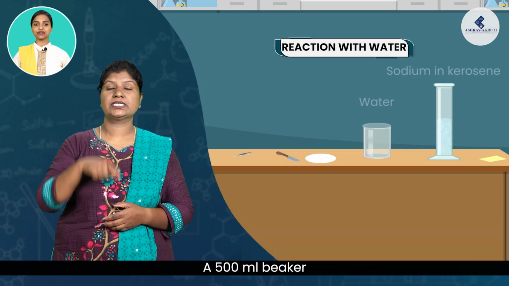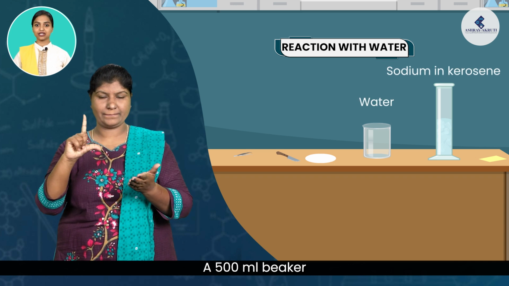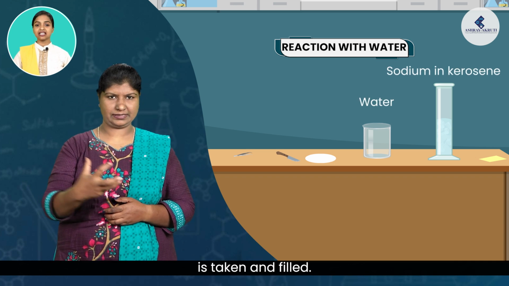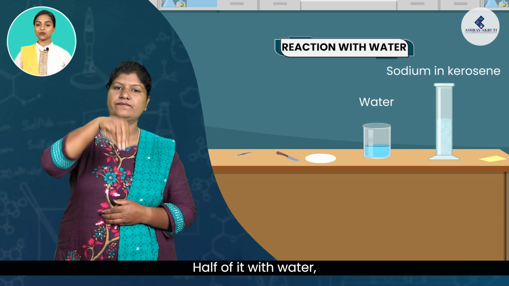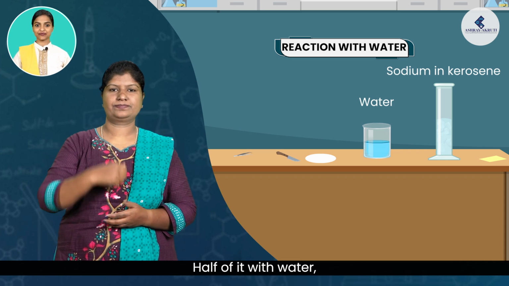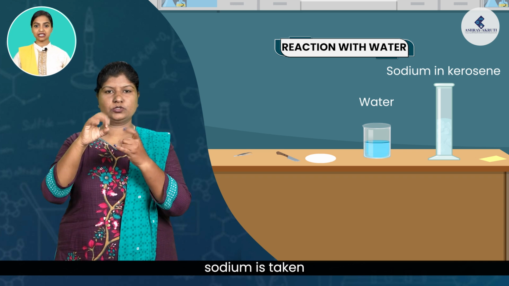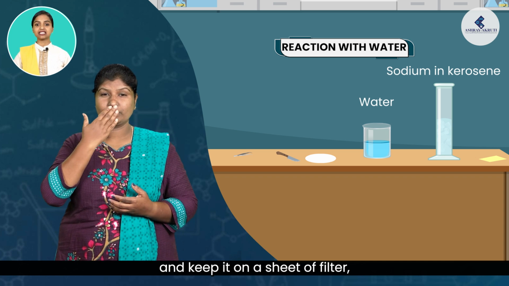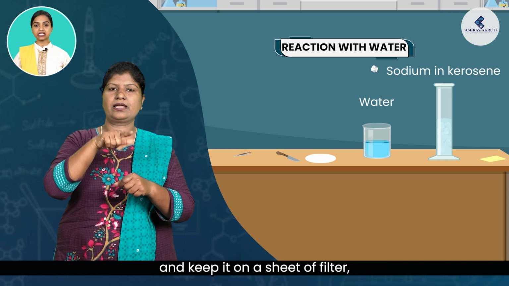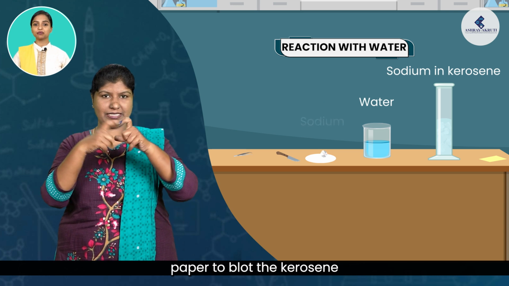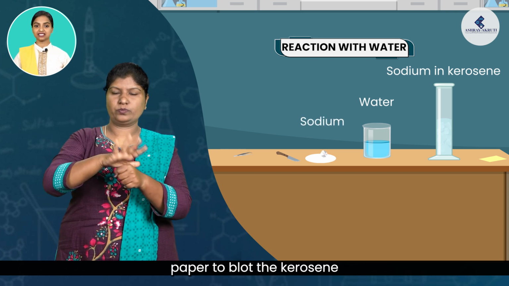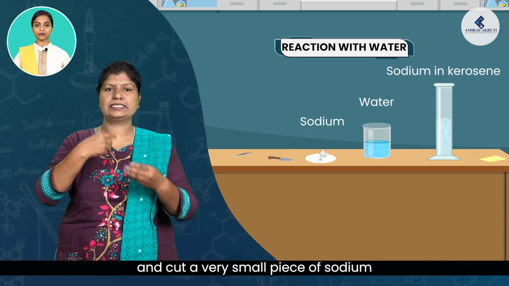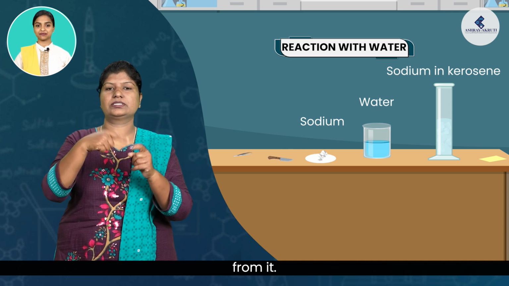A 500 ml beaker or a big trough is taken and filled half of it with water. Sodium is taken, which is stored in kerosene, and kept on a sheet of filter paper to blot the kerosene, and a very small piece of sodium is cut from it.